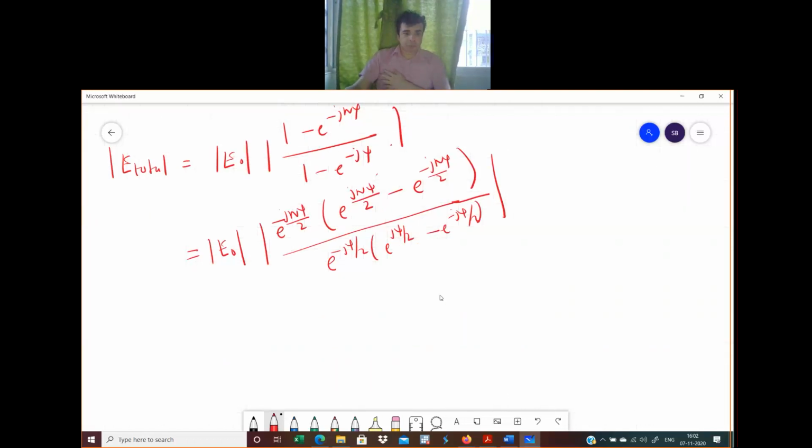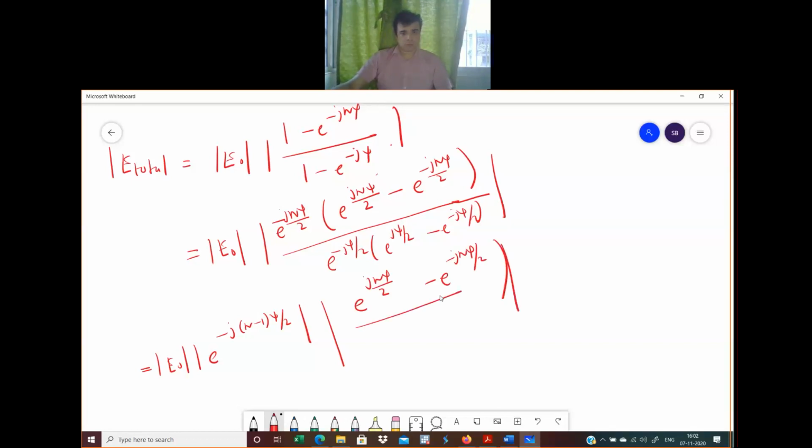This is equal to E0 times the sine expression. The magnitude of this quantity is 1, so we can neglect it.